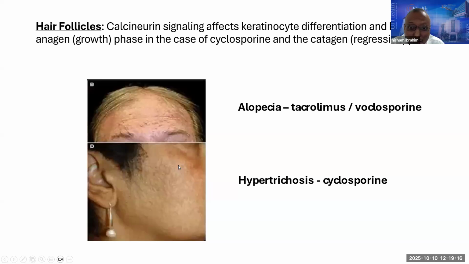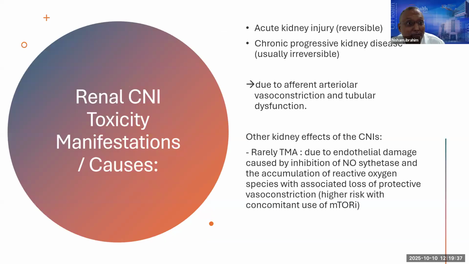Cyclosporin actually causes hypertrichosis, while tacrolimus and voclosporin cause hair loss. It's one of the reasons why sometimes we have to switch, especially for cosmetic reasons. We have ladies who lose a substantial amount of hair, and we have to switch from one to the other because of this.